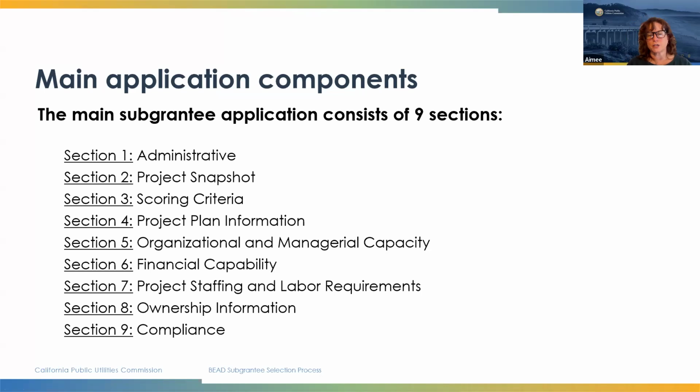So if we look at it, there's probably about 9 parts of the application, and it's everything that you see here, from administrative to project-specific details, organizational, managerial capability, financial capability, and then many of the compliance requirements of the BEAD program, including labor and project staffing, sufficient workforce, and then ownership and other compliance requirements as well.